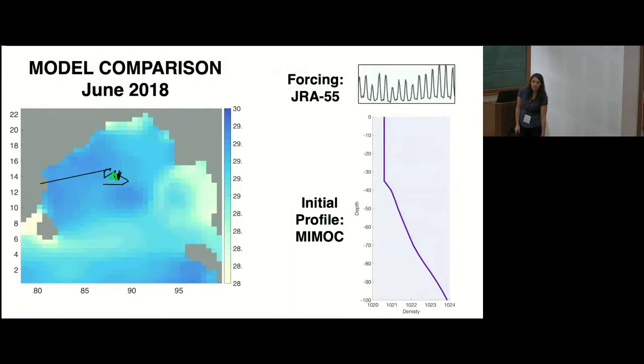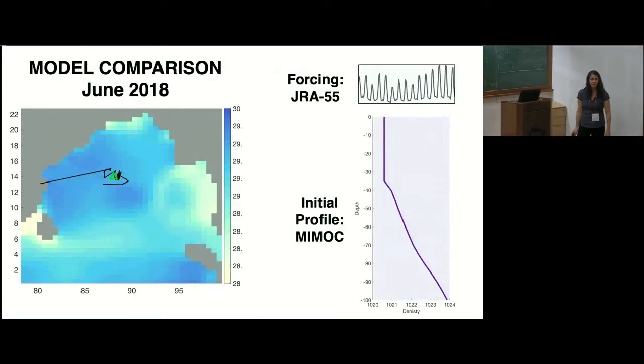All right, so we're going to now get a chance to see how these different models compare with each other. And I've chosen an example that is kind of inspired by the cruise that was last summer in 2008 that some of the data analysis groups are going to be using. So this is the Bay of Bengal sea surface temperature from climatology, and here's the cruise track in black.